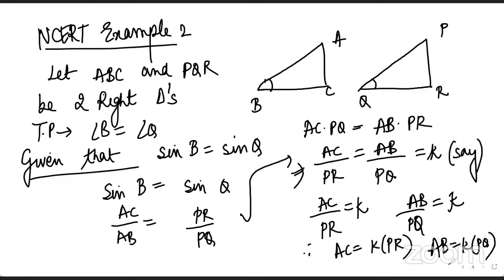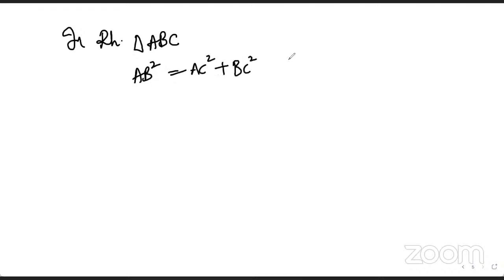Now what I'm going to do is apply the Pythagoras theorem in both the right triangles. So, in right triangle ABC, AB square is equal to AC square plus BC square using Pythagoras theorem.